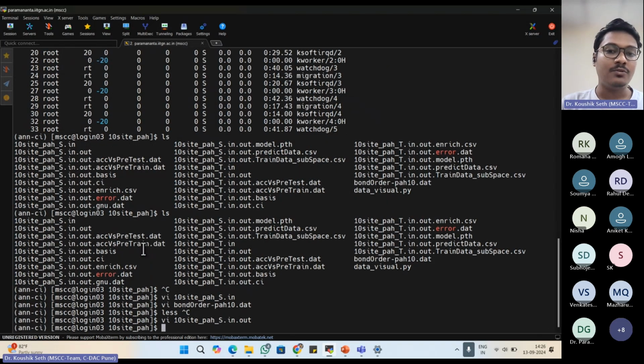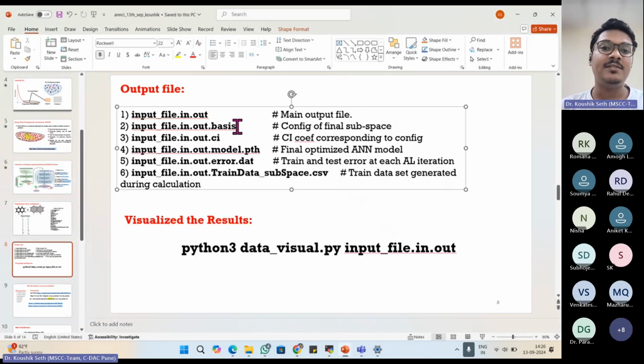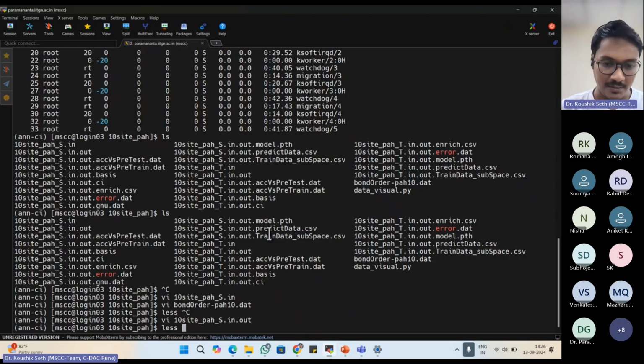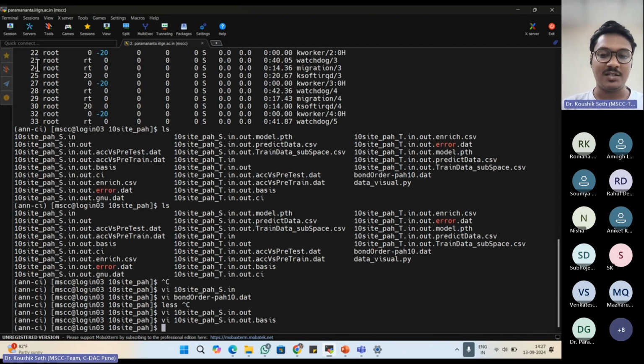There is also other output. Let's quickly look at the PPT. One thing is the input. The second file is the dot out dot basis. Here all the configurations, up, down, spin orientation, which are important for the system, are given in that file after the final iteration.